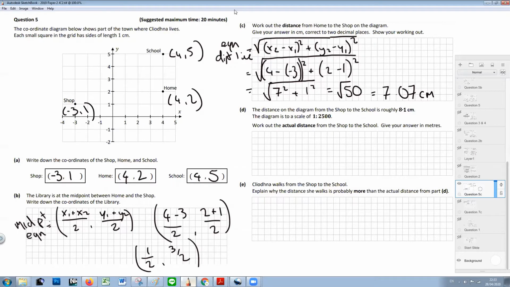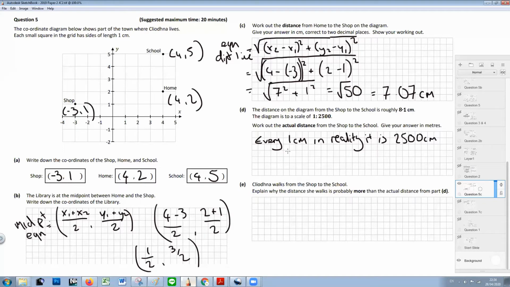So the next thing we're told is the distance on the diagram from the shop to the school is roughly 8.1 centimeters. And we're told the scale is 1 to 2,500. So what we're essentially saying is for every 1 centimeter, in reality, it is 2,500 centimeters.